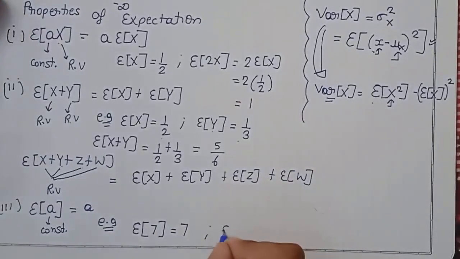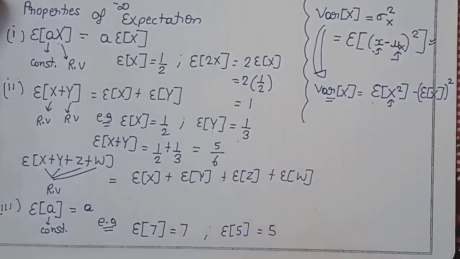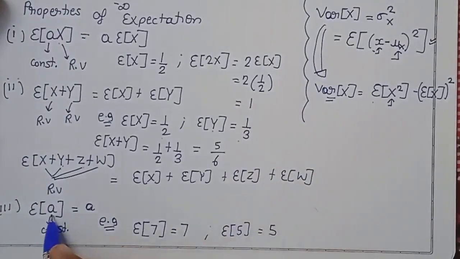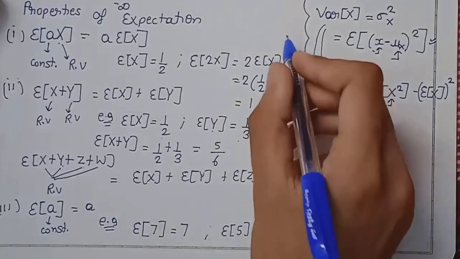If we find the expectation of 5, then it will be equal to 5. Similarly, for any constant number, if you find its expectation, then it will be equal to that constant number only.